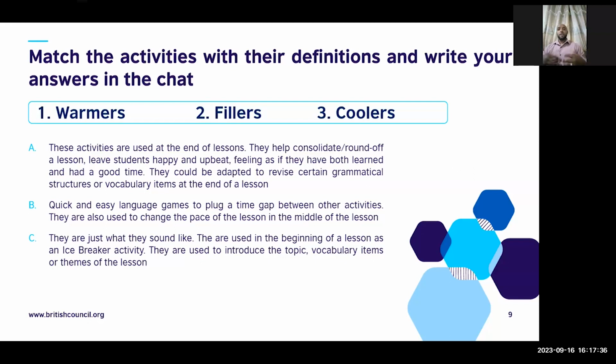That means, let's say we have planned a session, and in the middle of the class we still think we have more time left, so we can fill that time gap by providing our students a filler activity, which is very interesting. And then the students will also have the interest to continue with the class.